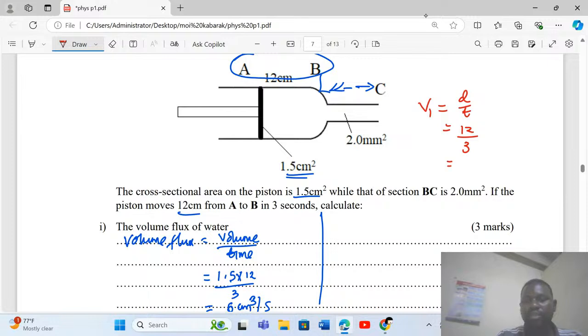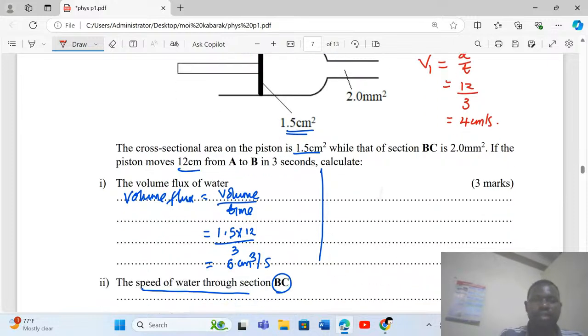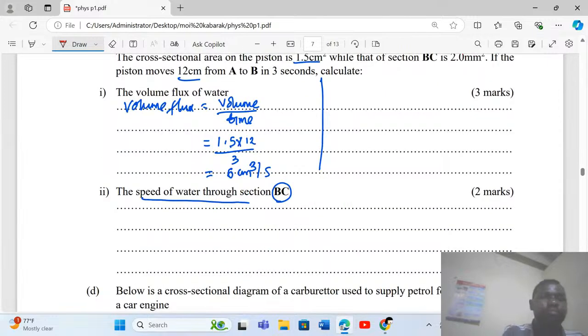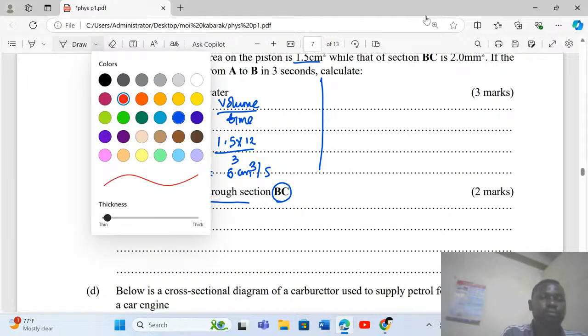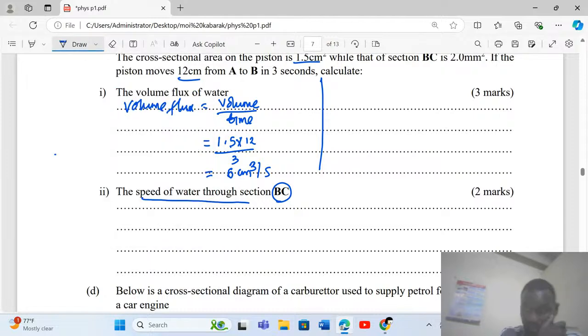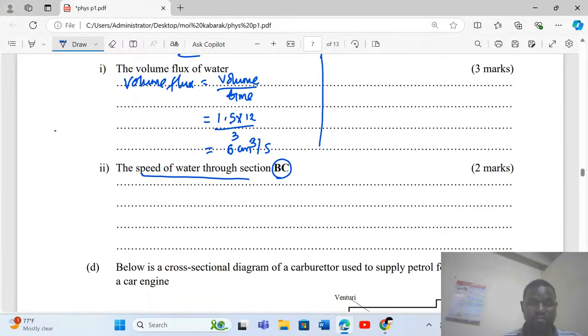And this will be the same as 4 centimeters per second. Then now we can continue.